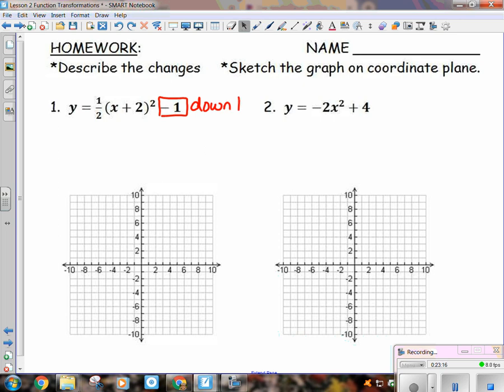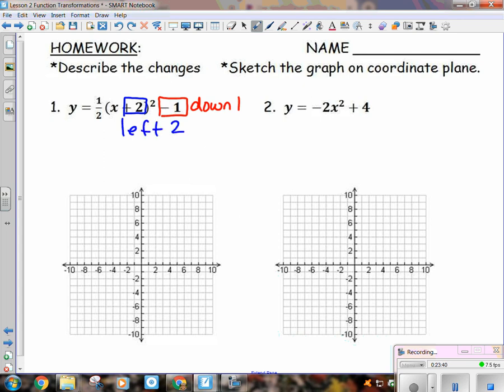Then I notice that I have a number on the inside. Okay, the +2 is on the inside with x. That's my second bullet on my sticky. What does +2 do? Well, that makes it go left and right, but opposite the number. So instead of going right to +2, no, this thing's going to end up going what? Left to -2.